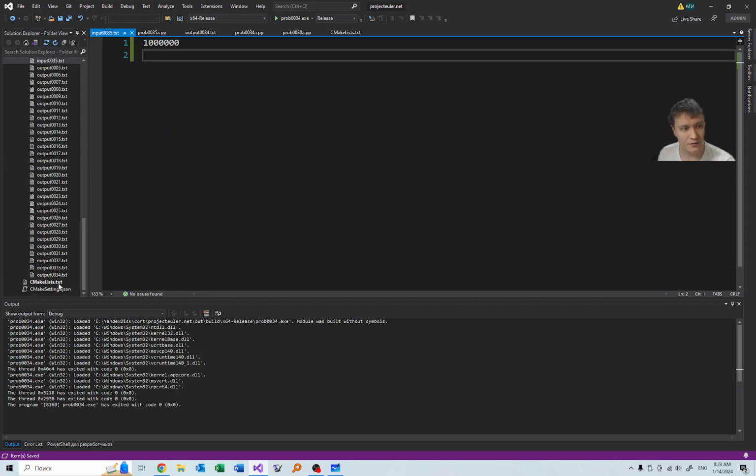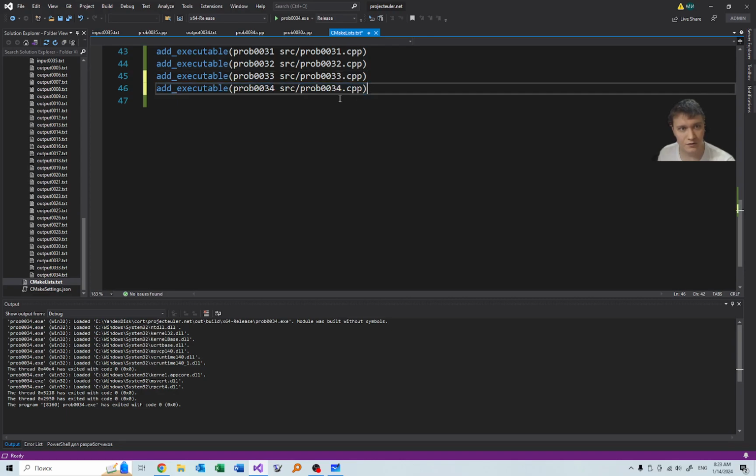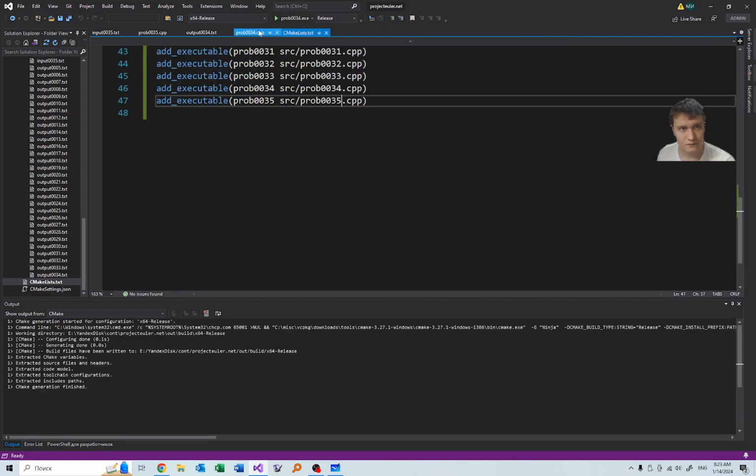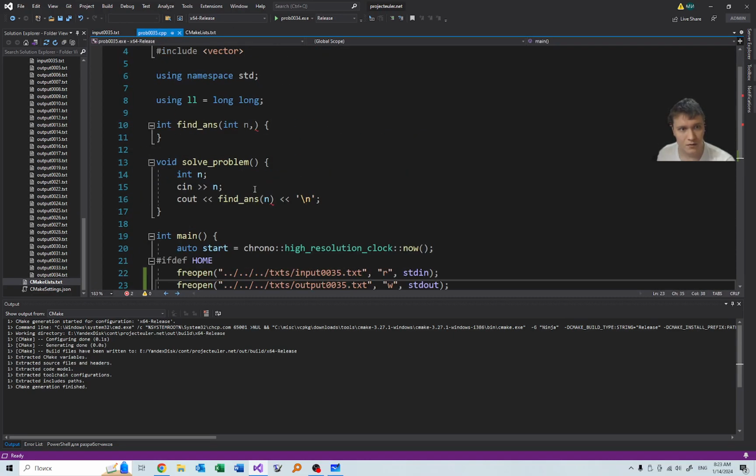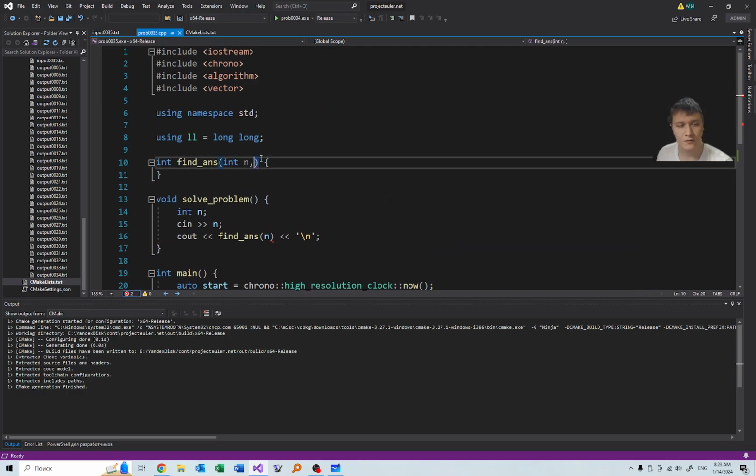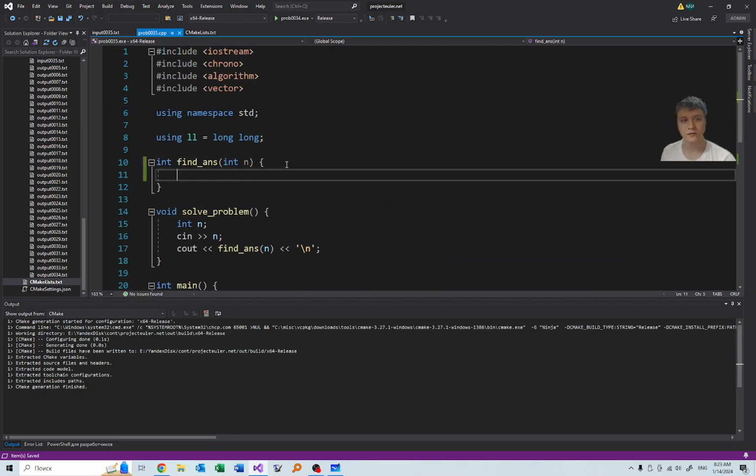And we want to create a new project. So how do we create the project? How do we implement it? So we need to check all numbers. Let's just do it.